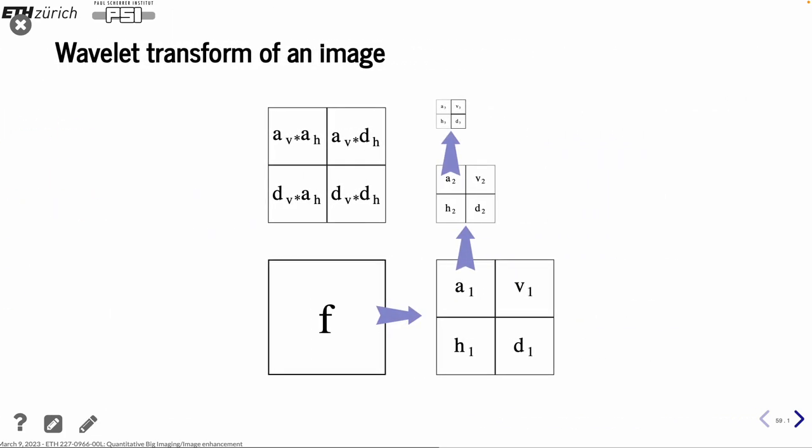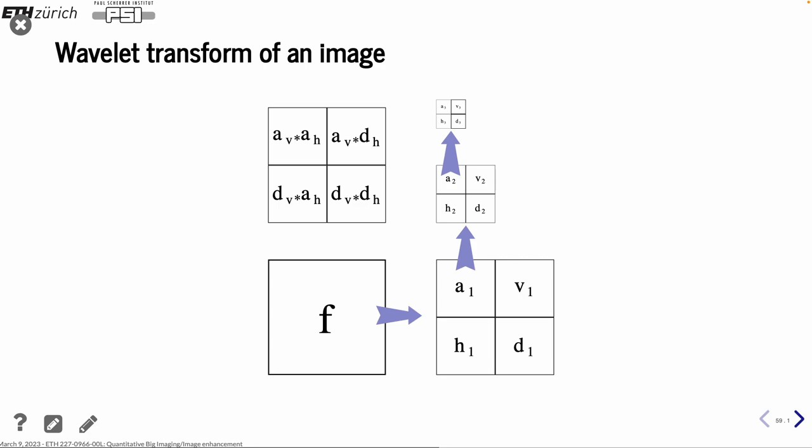Before that, we look at what the wavelet transform looks like on an image. Images are 2D, so we need to have more information. The idea is that we have one trend image, and then we have a combination of trend and detail in vertical direction and trend and detail in horizontal direction.